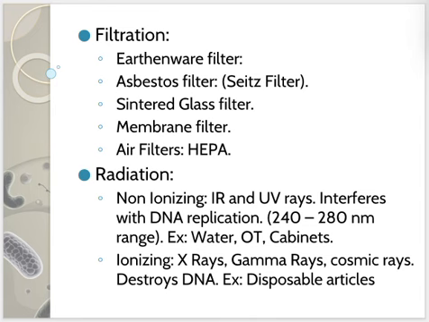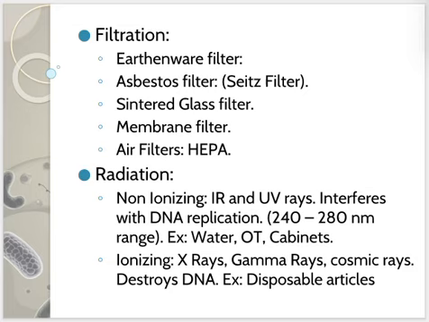Filtration and radiation are advanced physical sterilization methods. Filtration uses various materials like earthenware, asbestos, and membrane filters to physically remove microbes from liquids or air. Radiation comes in two types: non-ionizing like UV rays that interfere with DNA replication, and ionizing, such as X-rays and gamma rays that destroy DNA directly.